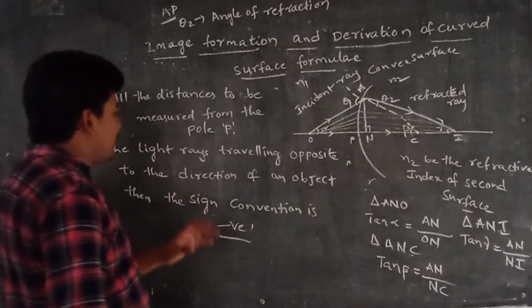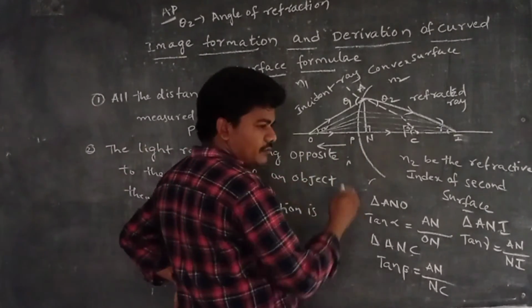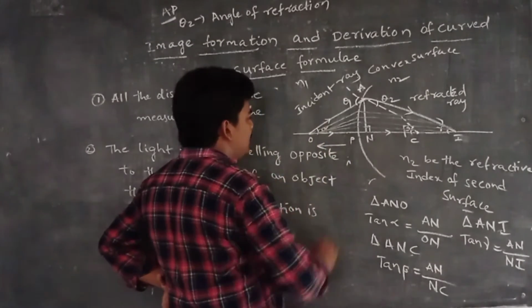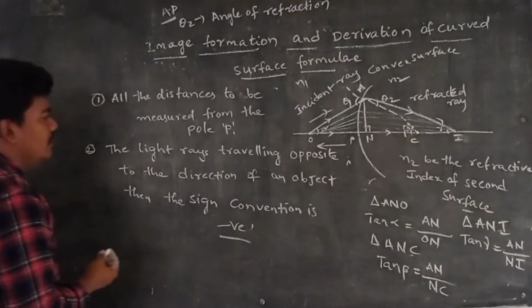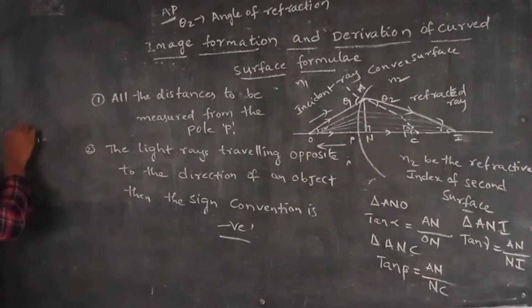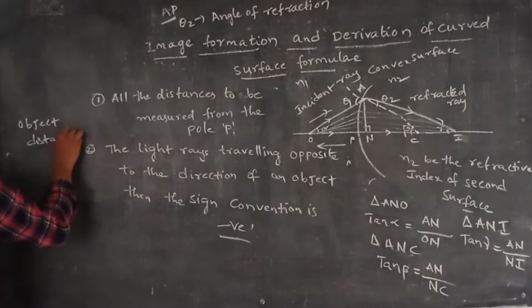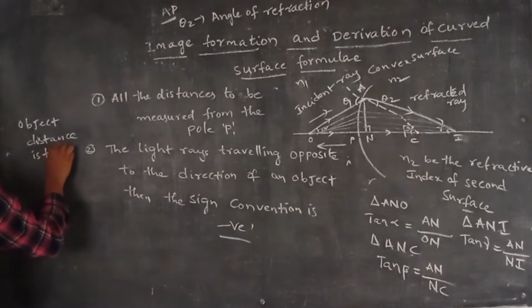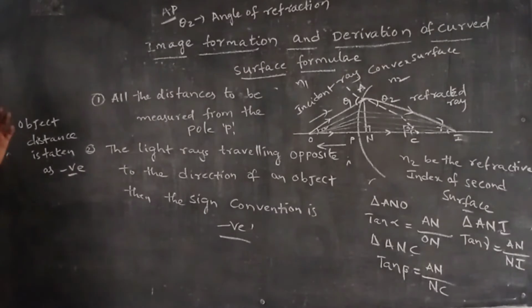If the light rays are traveling, for example, see here, we have to measure the object distance from the pole to an object. The light rays are traveling opposite to the direction. Then what is the object distance? Object distance is taken as negative.